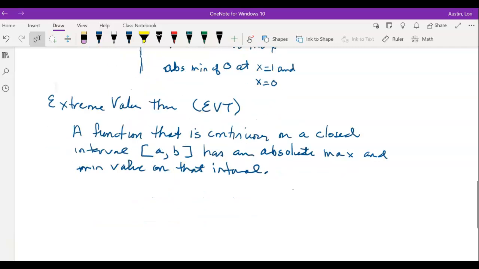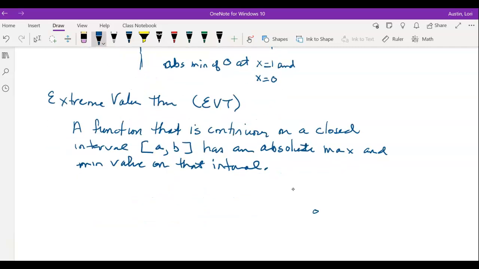So take a look. If I had an open interval and my function went like that, I got an absolute max, right? I don't have an absolute min. I guess if my function went, there it is. Open interval, right? I do have an absolute max and min. But if it's a closed interval, you're guaranteed an absolute max and min. That's the difference. Okay?